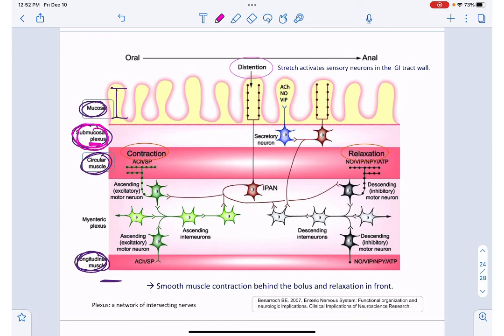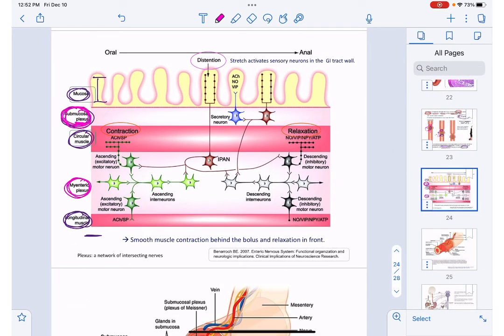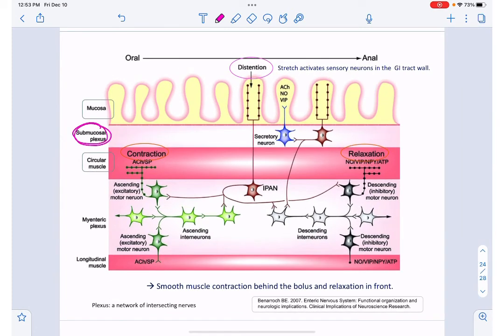But one of the places that we find neurons of the enteric nervous system is in the submucosal plexus. And then another location that we find a majority of these neurons is in between the two muscle layers in what we call the myenteric plexus. So these are two distinct locations within the alimentary canal that we find the enteric nervous system: the submucosal plexus and the myenteric plexus.